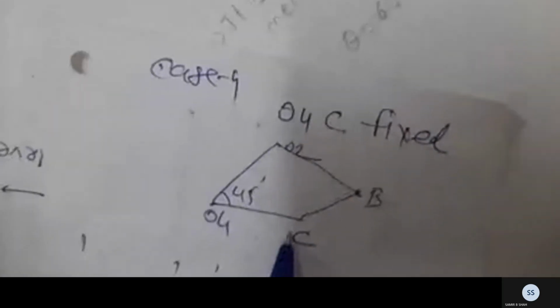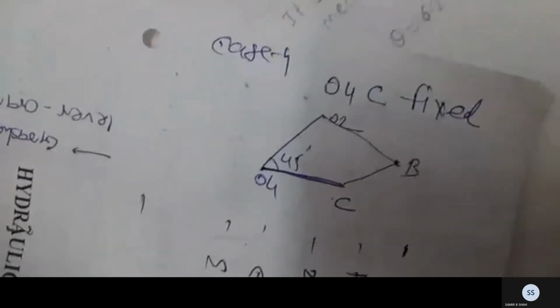O4C is fixed, where the dimensions are given to us. As per the dimensions, O4C is 90 mm, which is the smallest line. You remember that.